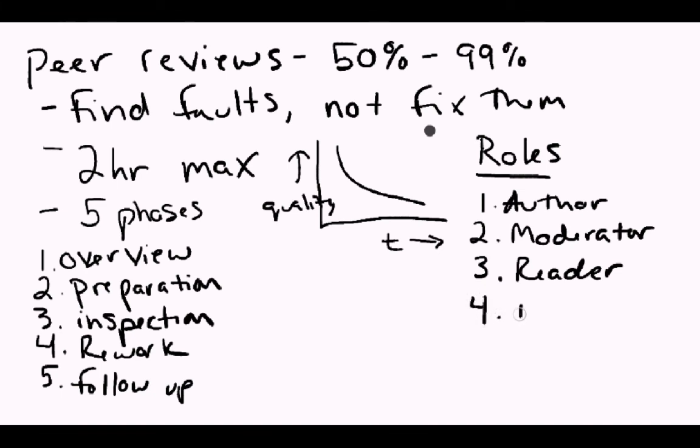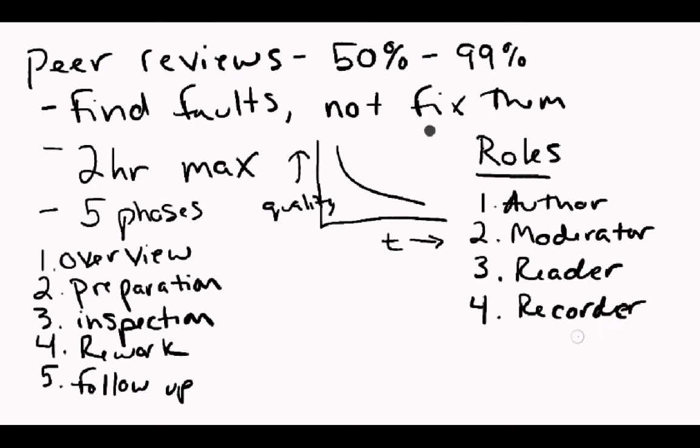There's another role. This is why you need at least 4 or 5 people. Typically, we like each person to do something different. We don't want someone to be, for example, the moderator, the reader, and the recorder. That's too many responsibilities, so we want to spread that out among at least a couple of people.